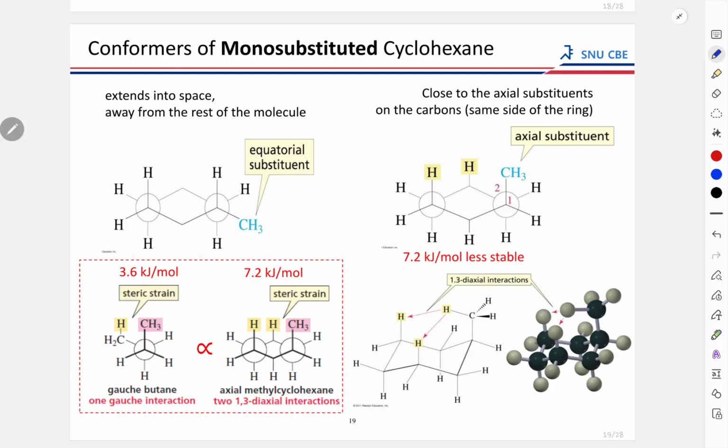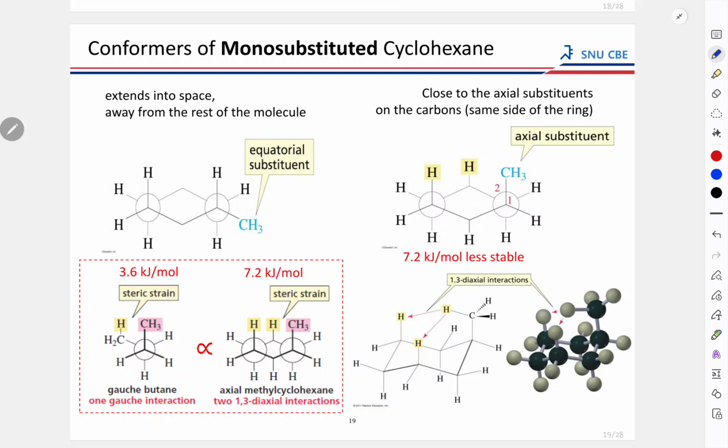Whereas this methyl is pointing upward, and there is a nearby hydrogen close to the axial substituent, on basically the same side of the ring. And there is an interaction, a destabilization effect. If you see it from a different angle with this side view conformer state, you have this upward methyl here, and there is a CH bond within this methyl group.